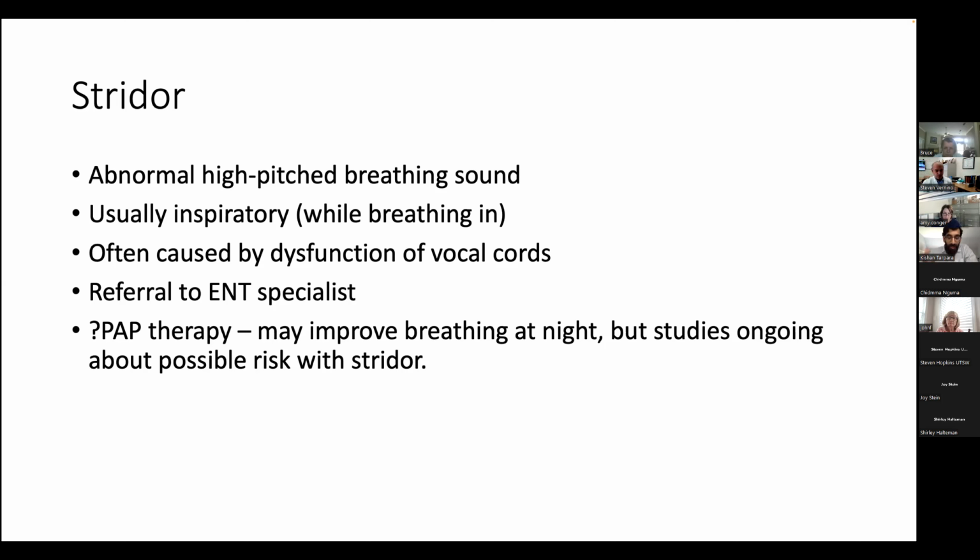PAP therapy, like CPAP or BiPAP, can sometimes be helpful in improving breathing as well, but this is also in question right now, as there may be an increased risk of causing worsening spasm of the vocal cords and potentially worsening the obstruction in some cases. This is still not exactly clear, but it is something that is being looked into.